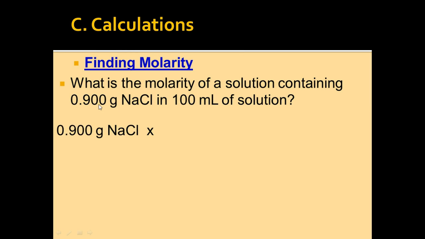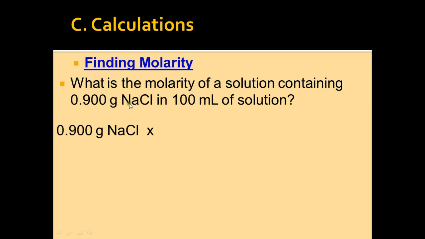Remember, to convert from grams to moles, we use molar mass, which we get from the periodic table. Sounds familiar, right? And remember, when we use these fractions, whatever's on the top of the first fraction goes on the bottom of the next. Molar mass is always with 1 mole, so 1 mole goes on the top, and grams goes on the bottom.